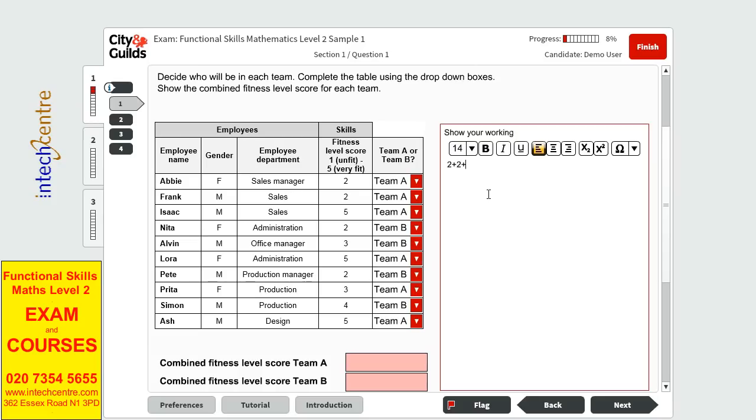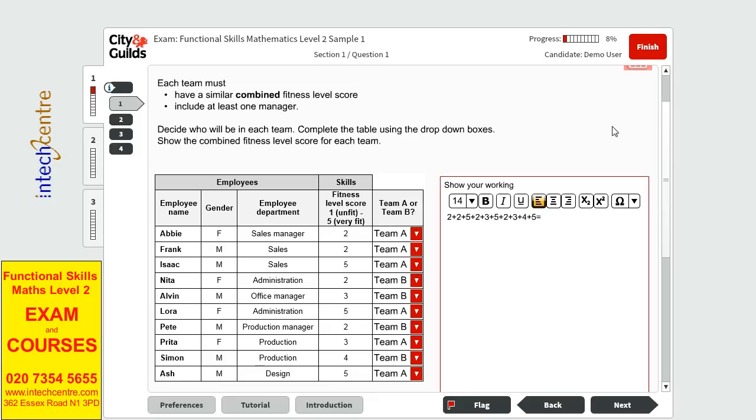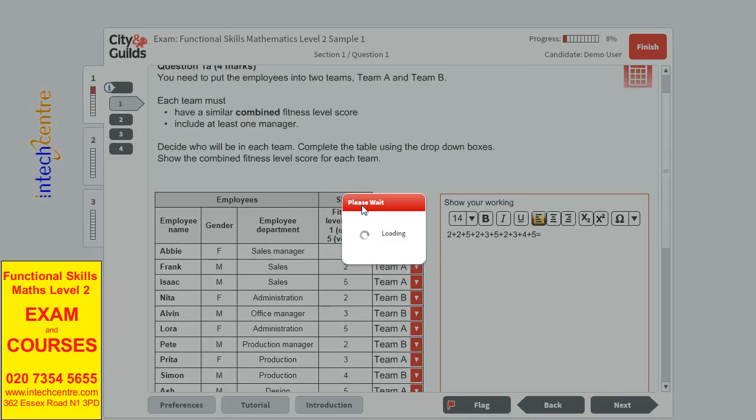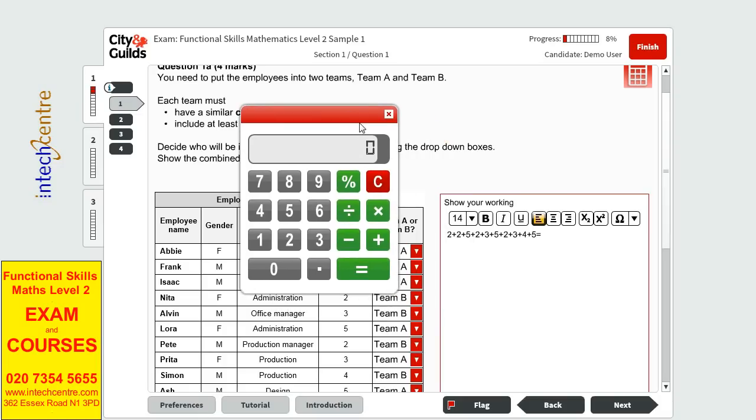So we have 2 plus 2 plus 5 plus 2 plus 3 plus 5 plus 2 plus 3 plus 4 plus 5, and the total will be 2 plus 2 plus 5 plus 2 plus 3 plus 5 plus 2 plus 3 plus 4 plus 5, and the answer is 33.